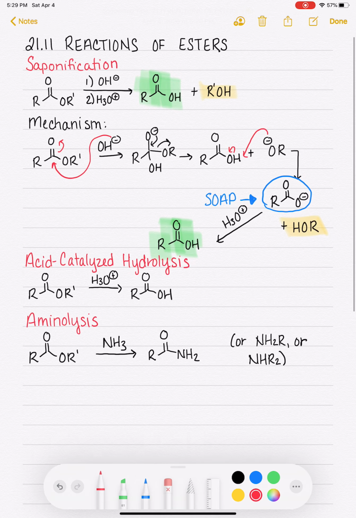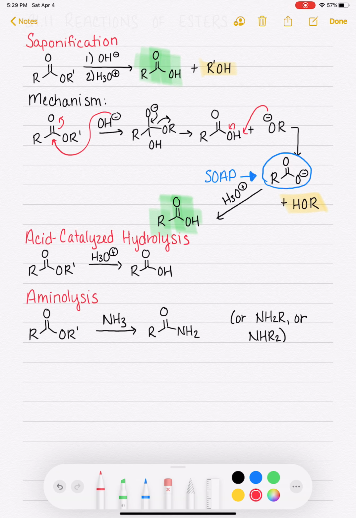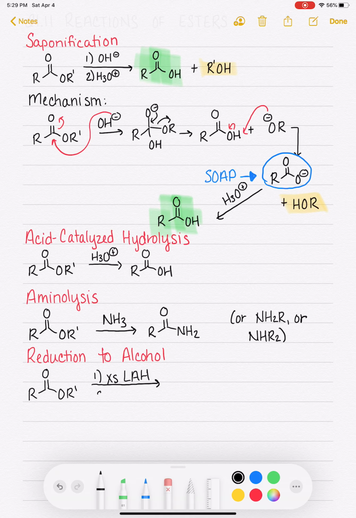We can do a reduction of an ester. This will give us an alcohol. We would do this with our hardcore, strong reducing agent, lithium aluminum hydride, followed by water or H3O plus.